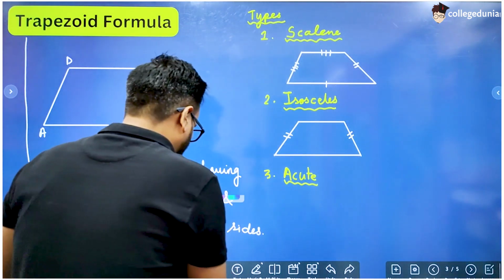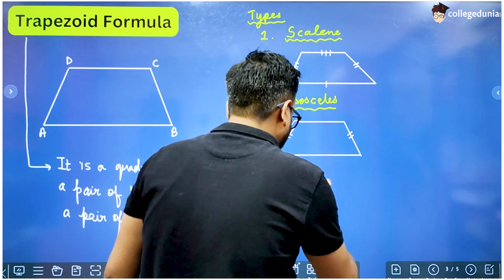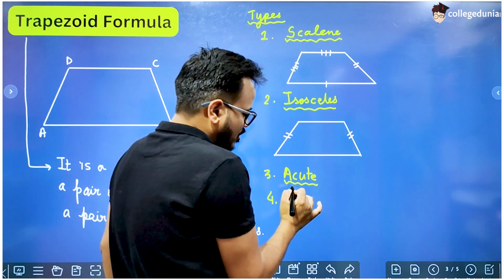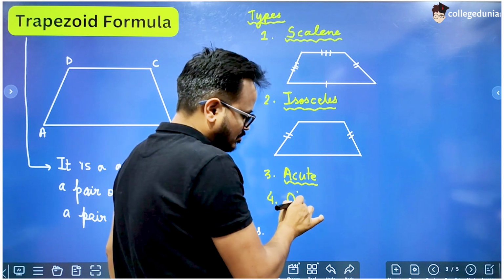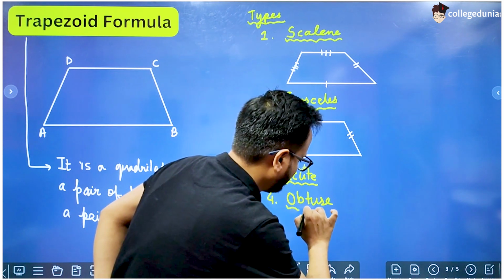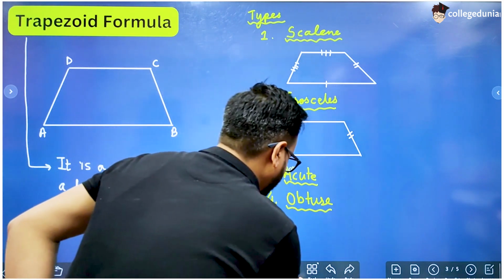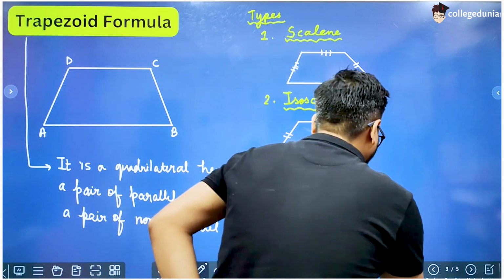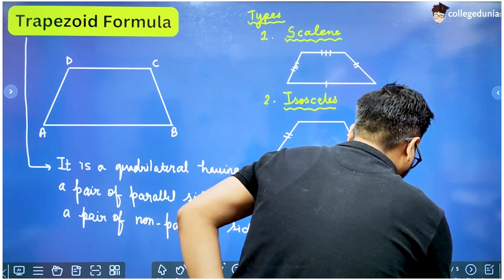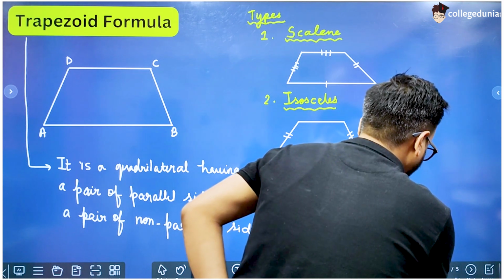We don't have to draw because the acute trapezoid is already present on the board, and the obtuse trapezoid is a trapezoid whose one base angle is obtuse and the other base angle is acute, like this.